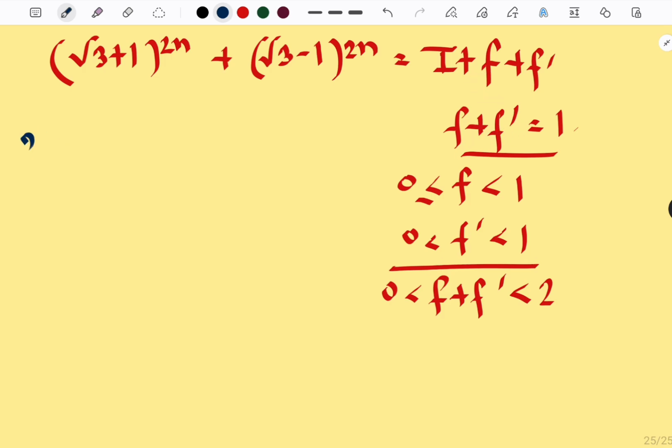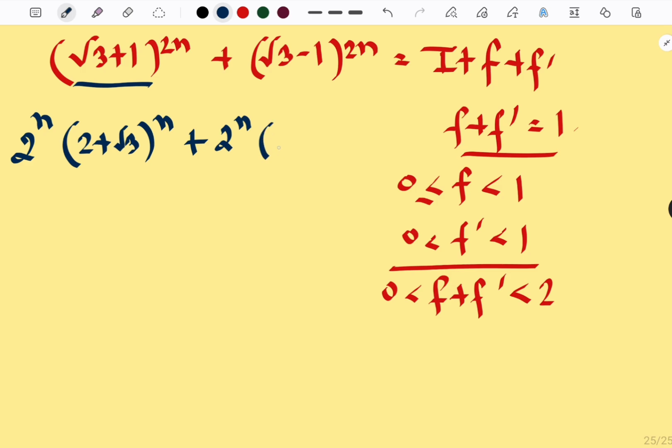Therefore we can say this was 2^n (2 + √3)^n, and this will obviously be 2^n (2 − √3)^n, which is equal to I + 1.